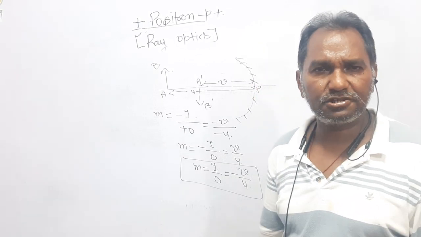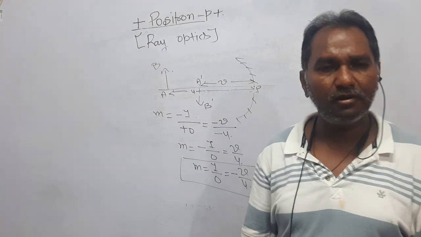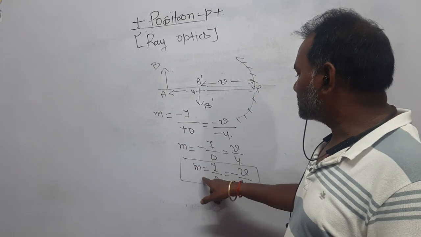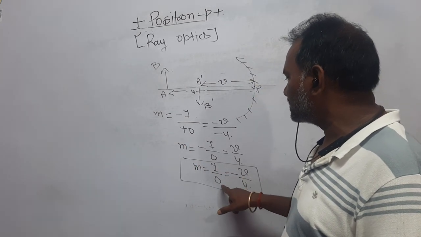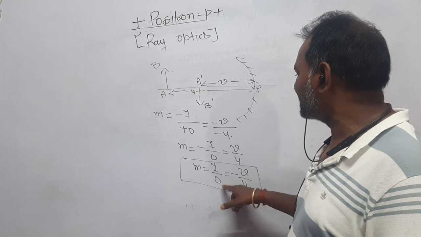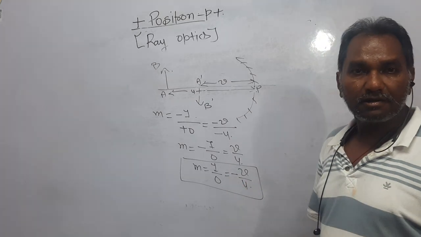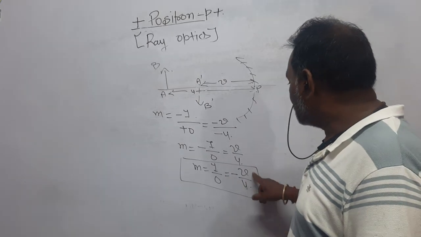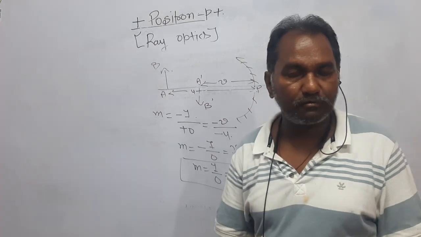Such kind of questions I will solve in the next video. So dear student, magnification is the ratio of size of image and size of object, and that is equal to the ratio of distance of image and distance of object from the pole.